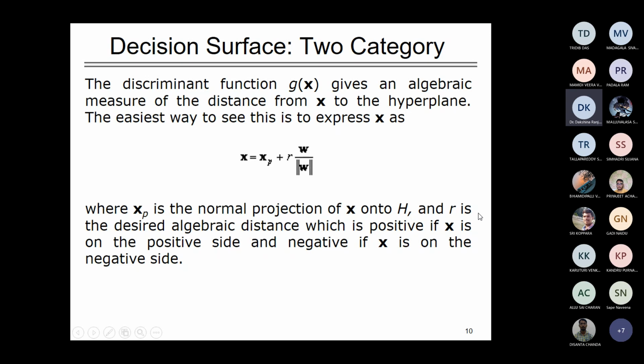So xp is the normal projection of x, plus r, the distance between the feature vector x and the hyperplane H, and here we are normalizing w, the weight vector, which is normal to the hyperplane.